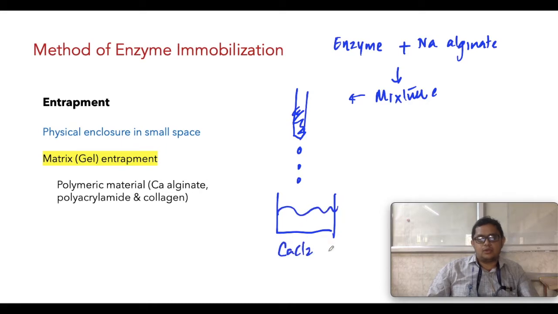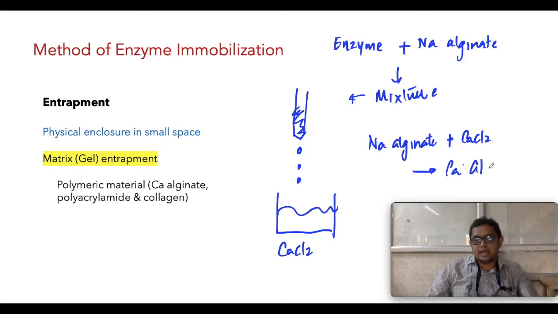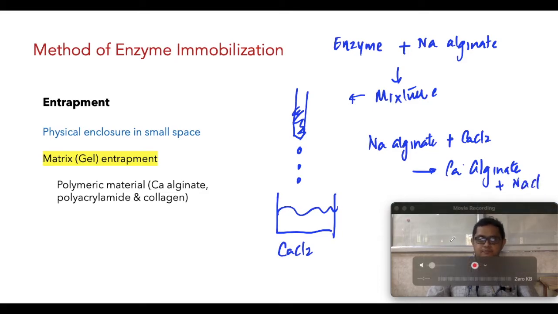calcium chloride. What happens is, whenever you mix sodium alginate with calcium chloride, the reaction results in calcium alginate plus sodium chloride.